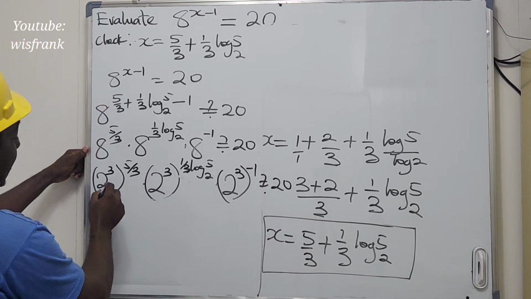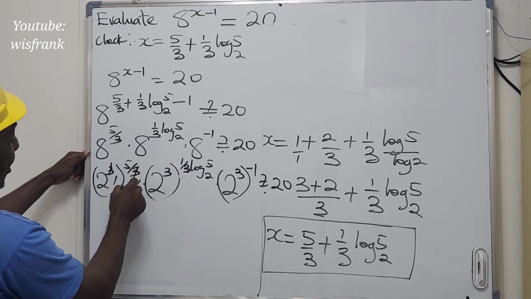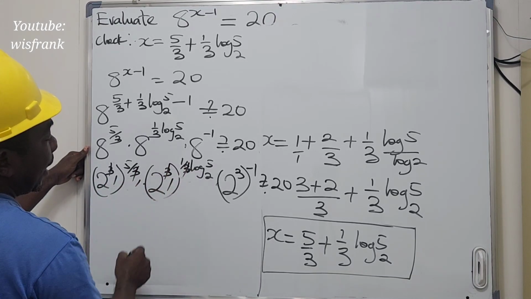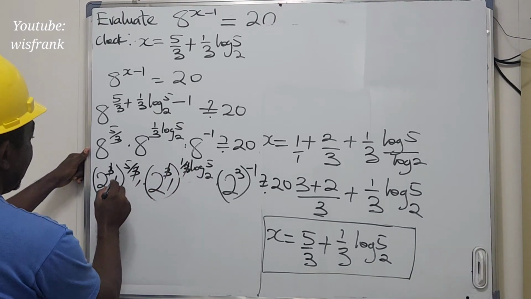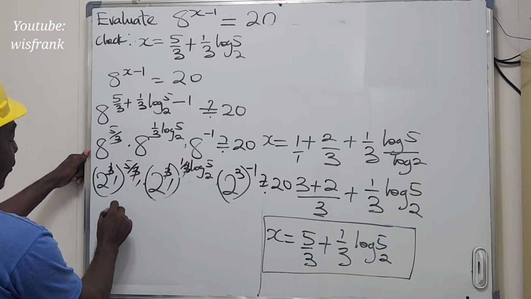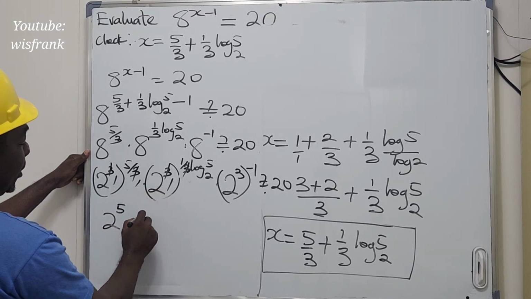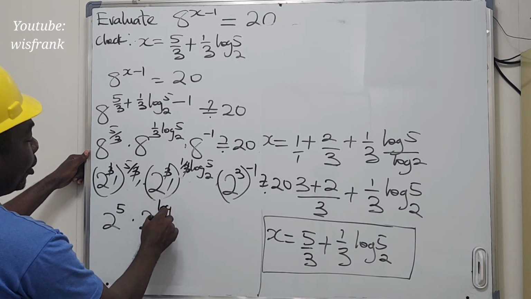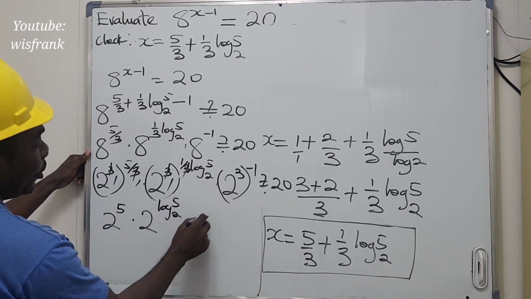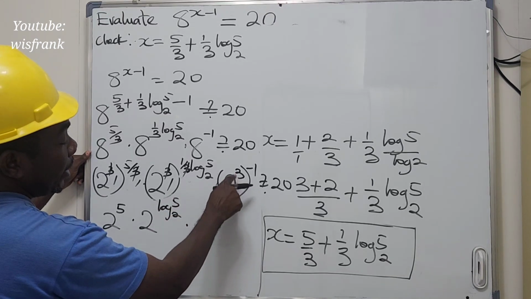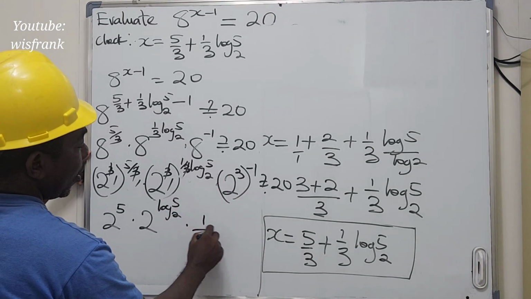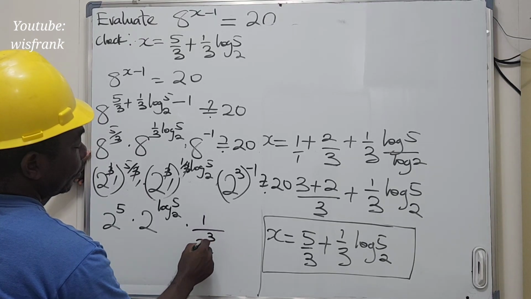In this case, we can see that 3 can cancel here and 3 can cancel here. We are now left with 2 to the power of 5 times 2 to the power of log 5 base 2, times 1 all over 2 to the power of 3.